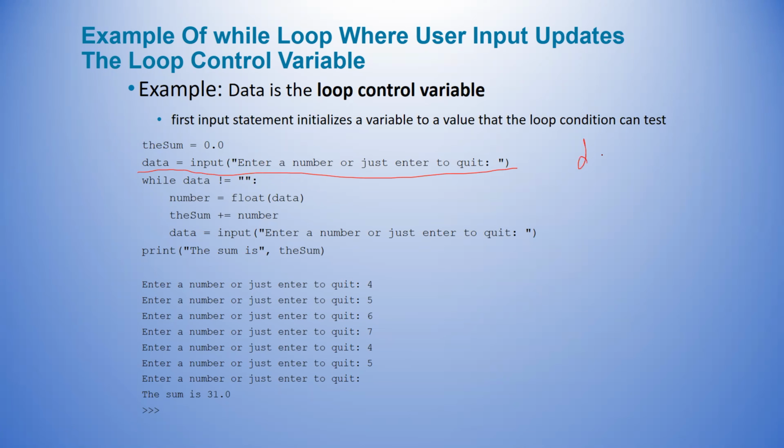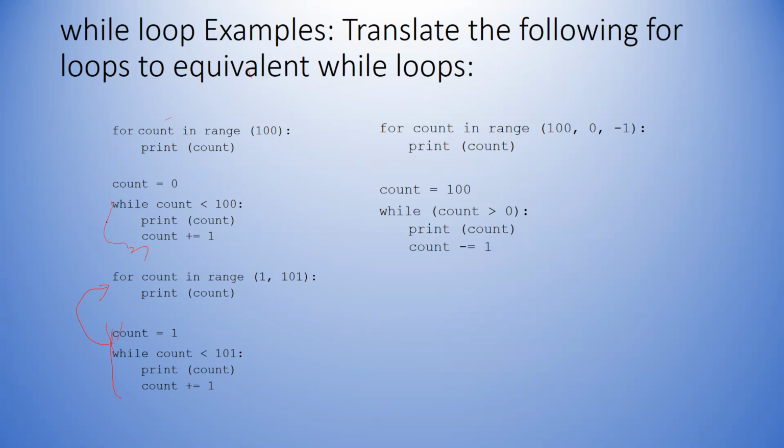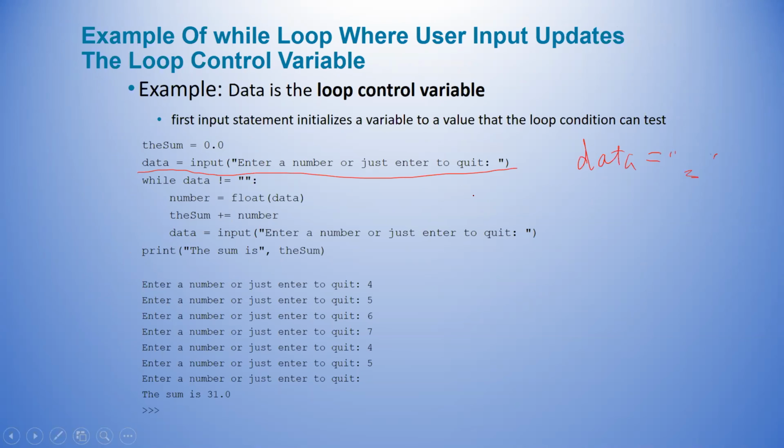It's very much like you are just doing data equals something, whatever you want there. So this is getting the user input. This is how you're initializing the loop control variable. Here we are initializing it using the user input, and you don't know what it will be. It's entered by the user.